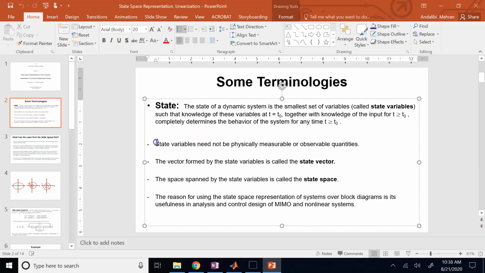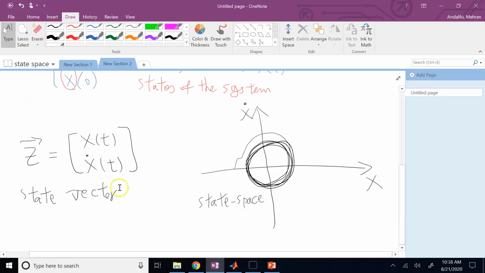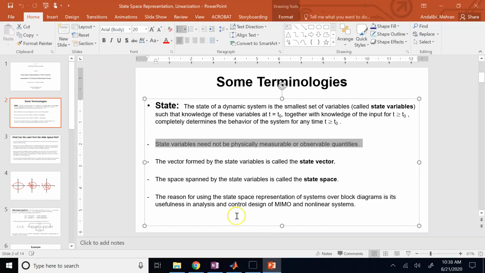Now, one other important thing is, here, the states that we chose had physical meanings. One of them is position, the other one is velocity. Not always you need to do that. Sometimes the variables that you choose for your states are not necessarily physically meaningful or measurable and or observable.